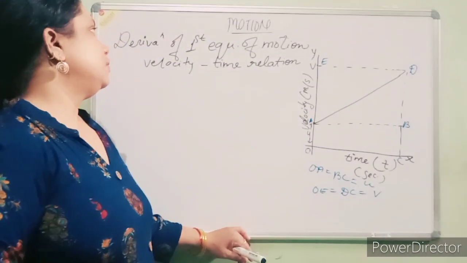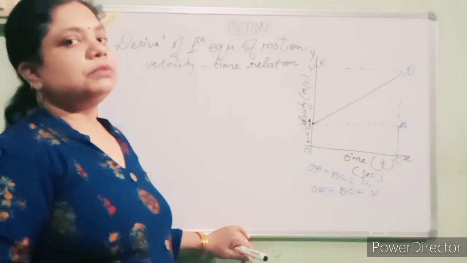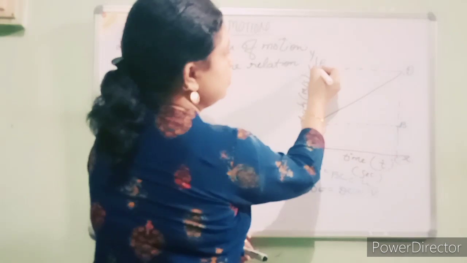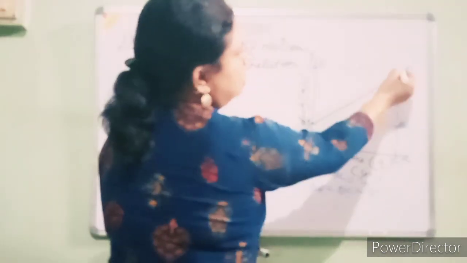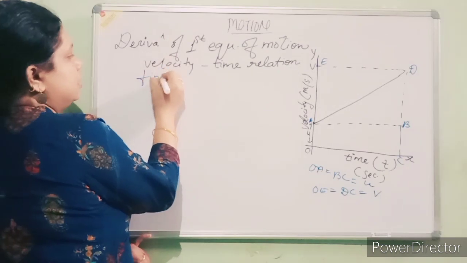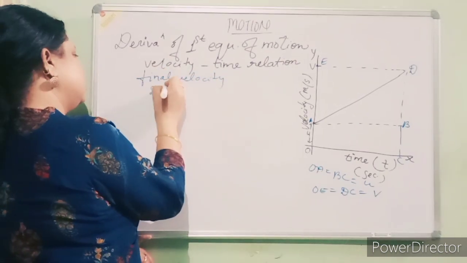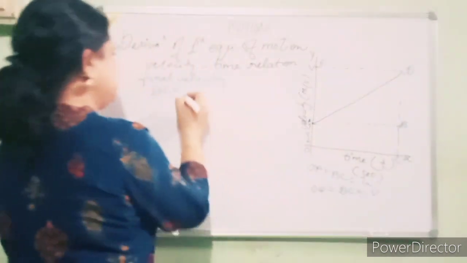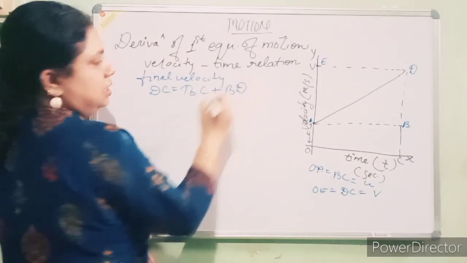Now in this first equation of motion, we start from the final velocity. And what is the final velocity? This one. This is OE, and OE is equal to DC. Now let's see. We take the final velocity, which is DC, and DC is equal to BC plus BD.